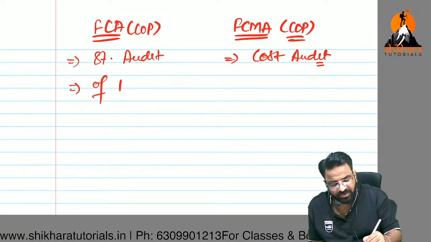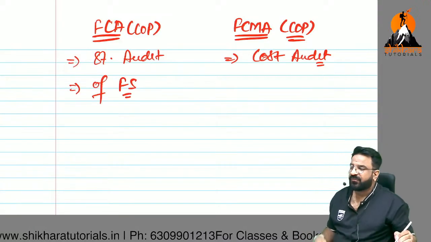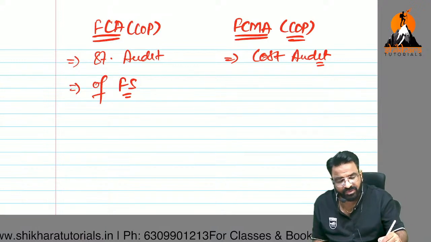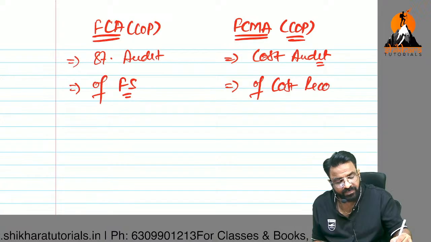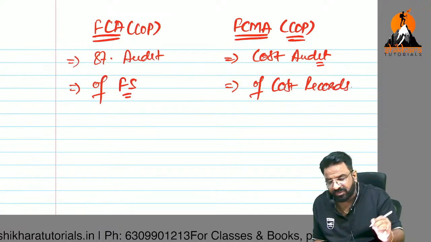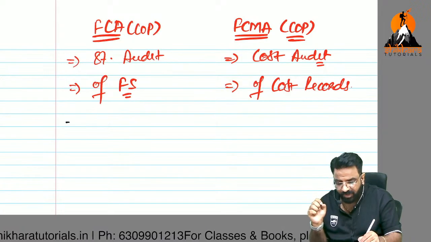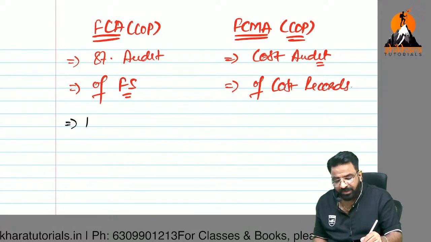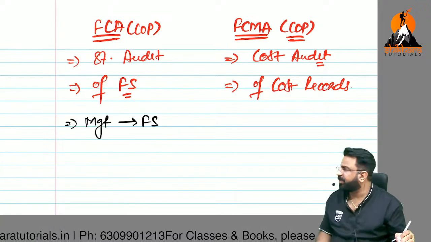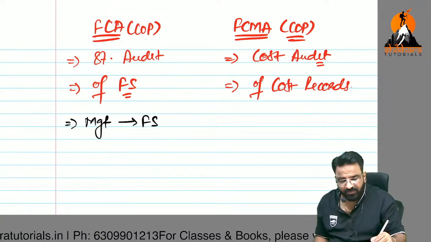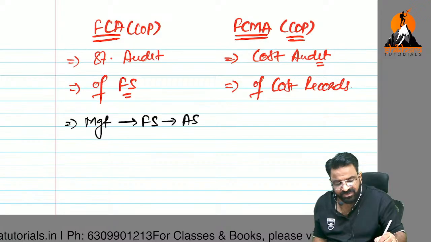Sir, what do you mean by statutory audit and cost audit? Statutory audit is an audit of FS, financial statements, and cost audit is an audit of cost records. Now the main point will come. Management prepares the financial statements. When they prepare them, they use AS or Ind AS.